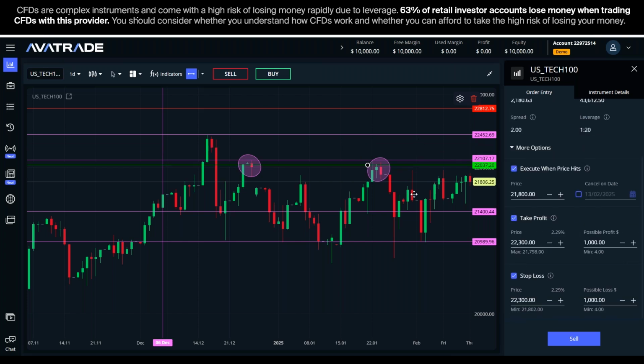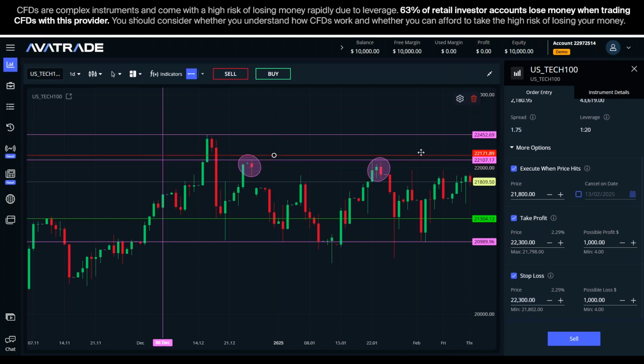Something here doesn't make sense, this needs to be lower, so 21,300 here. And the other one for the stop loss, 22,300.